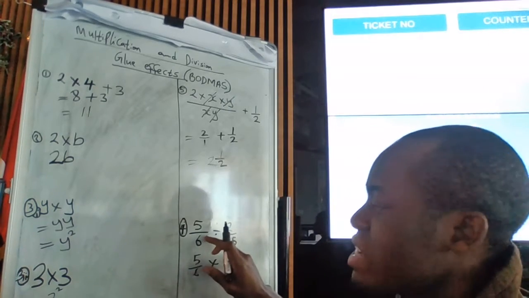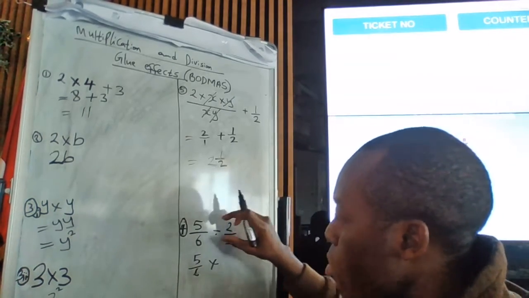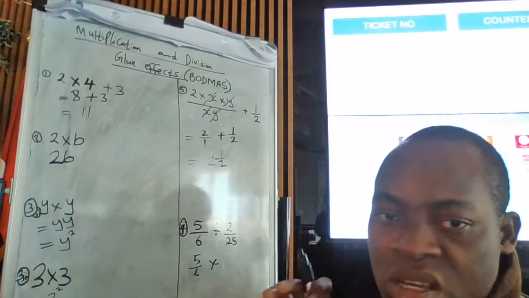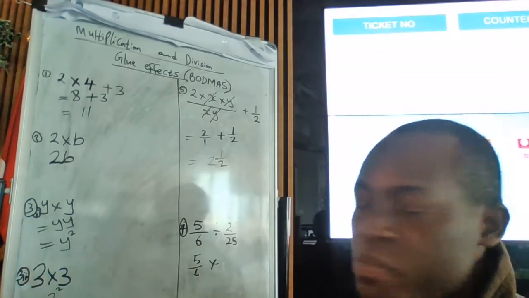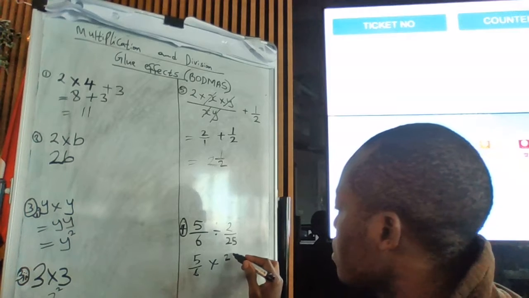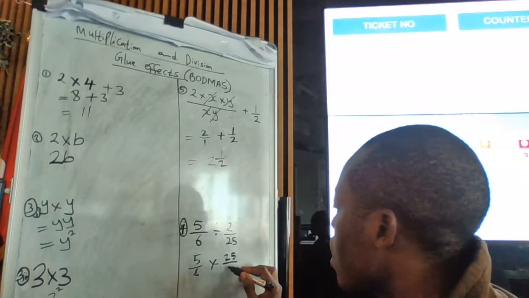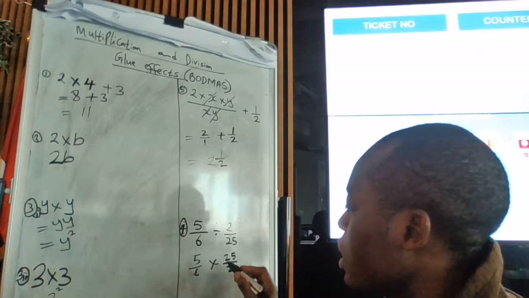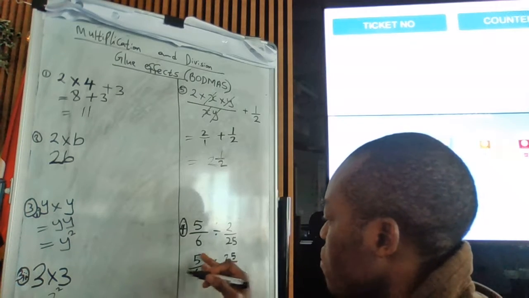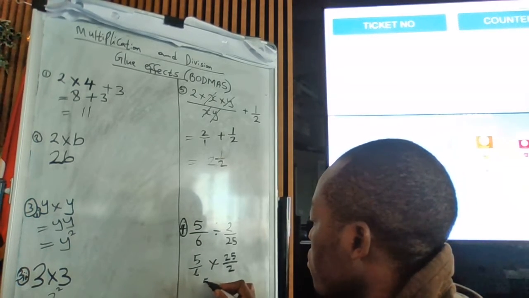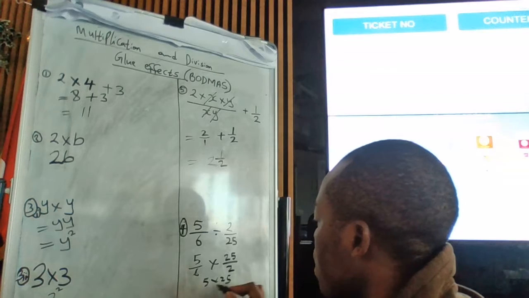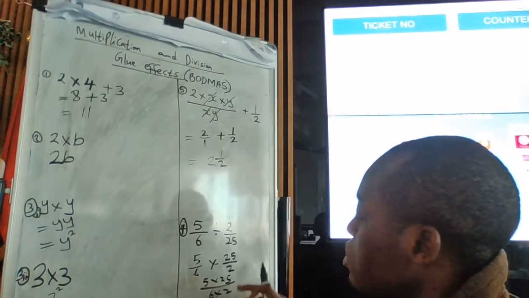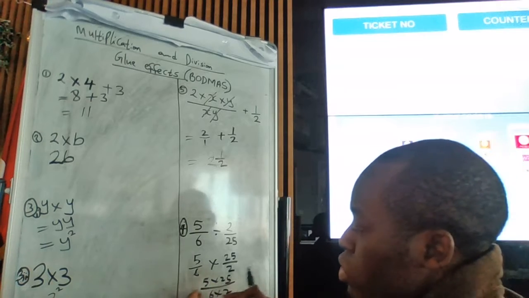This one also partakes in it, but this one owns it more than this, because division has a glue effect. That is, this one will be what? 25 over 2. Then you can now solve them together as 5 times 25 over 6 times 2. So when you solve it, now you can process them together.